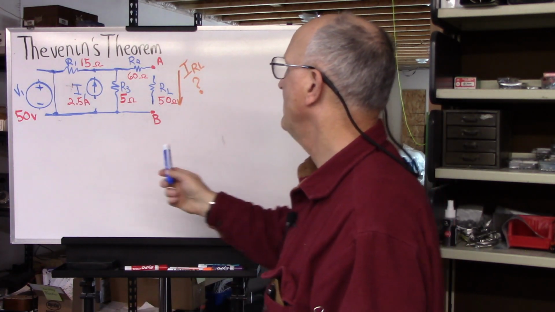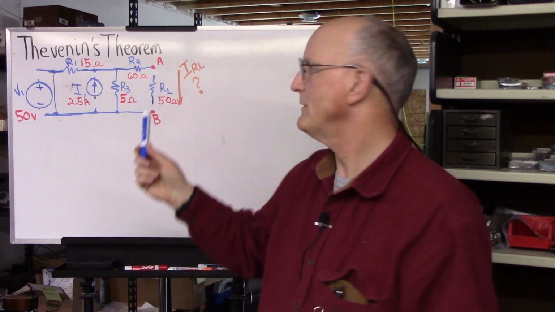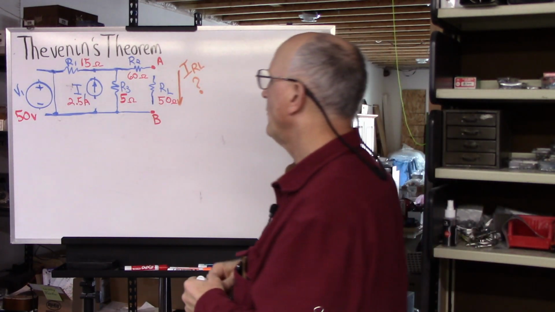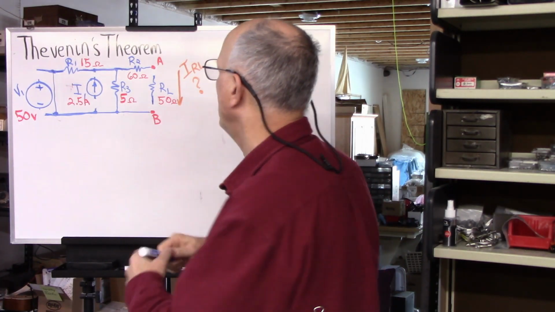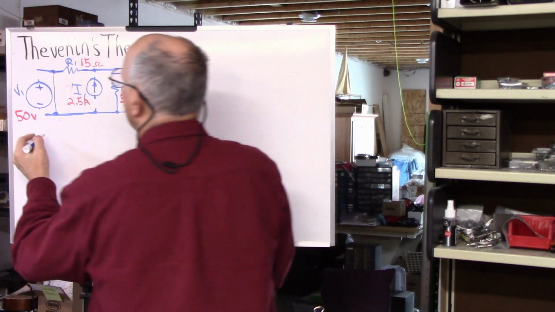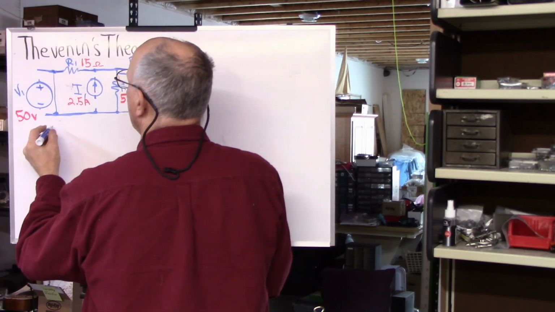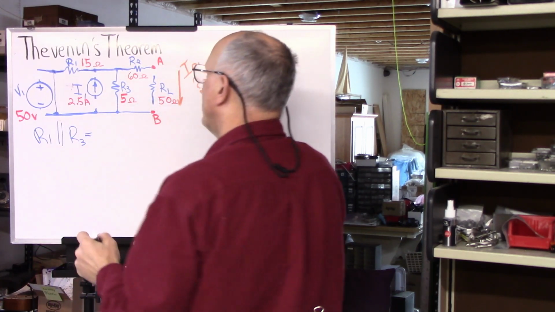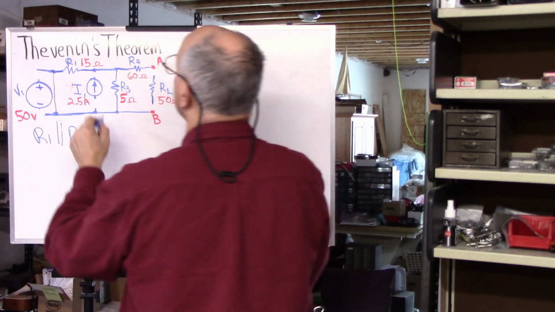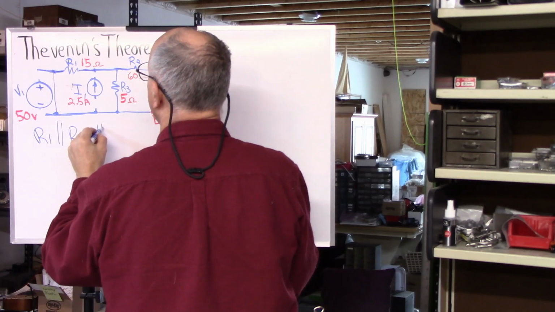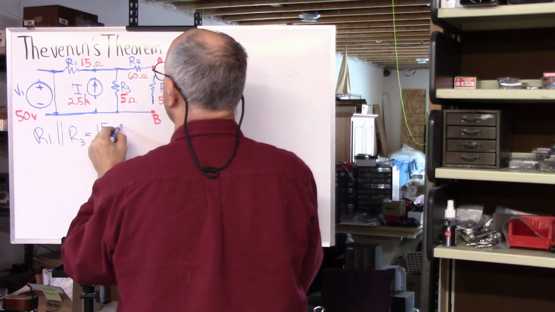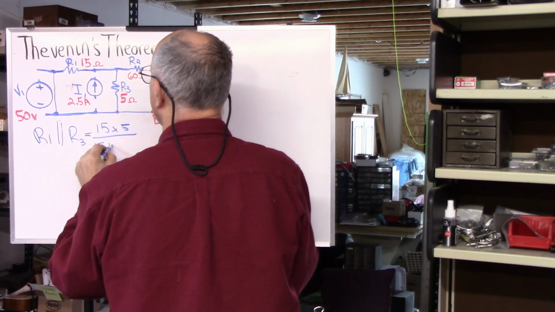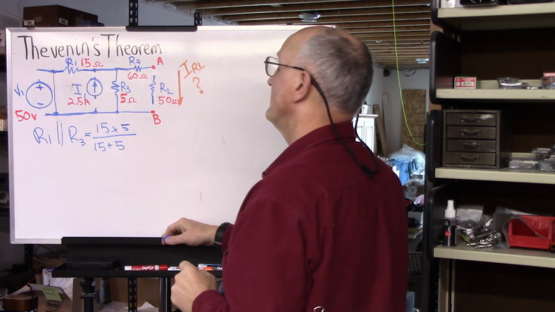Step three, we calculate the equivalent resistance of what's left. Well, R1 here is in parallel with R3. So we have R1 in parallel with R3. Well, from standard resistor stuff, we know that 15 times 5 divided by 15 plus 5 is the equivalent resistance.